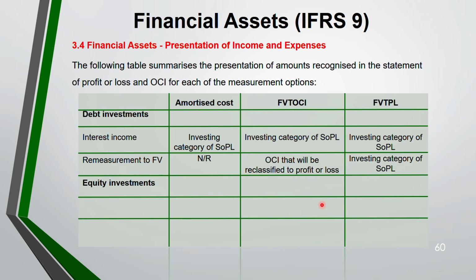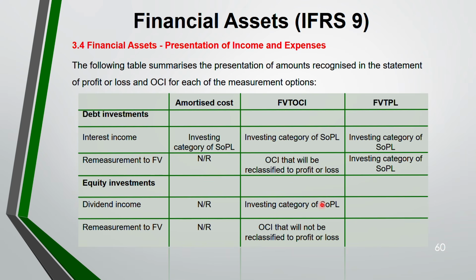Same. Then we have equity investment. Here we are going to have dividend income and remeasurement to fair value. Dividend income is not applicable for amortized cost. No remeasurement to fair value also under amortized. But OCI will go in investing category. And remeasurement to fair value will go to OCI. That will not be reclassified to profit and loss. It will always stay in OCI.